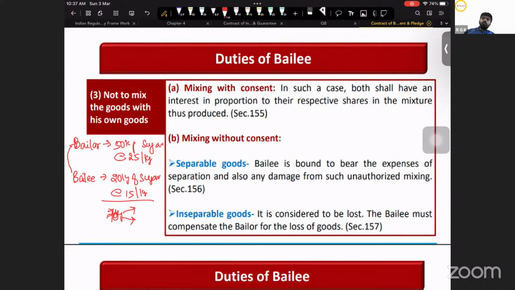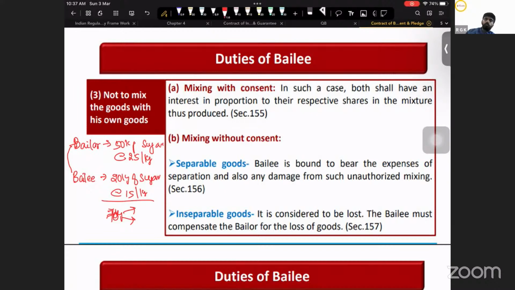Next is mixing of goods without the consent of bailer. See, in this case, bailee mixes his goods with bailer's, and it is not possible to separate the goods, they are inseparable, because you cannot identify which sugar belongs to whom. So, in this case, bailee shall compensate bailer for the loss. That means 50 kgs into 25 rupees.